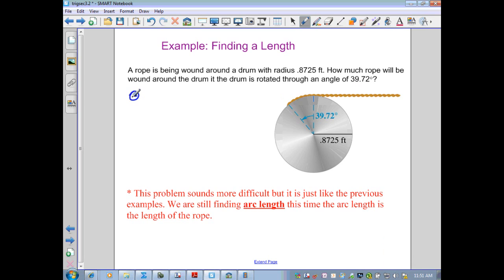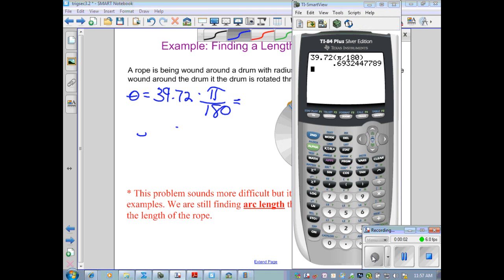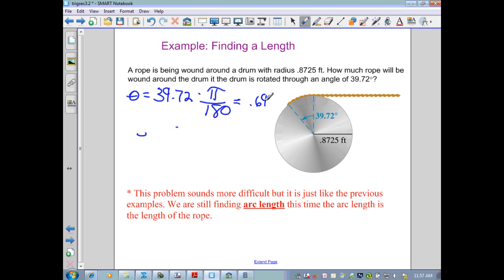Let's start by converting our given angle measure, which is 39.72 degrees, into radians. So theta is going to equal 39.72 times pi over 180. Now I substitute that expression into the calculator, and I get 0.693 radians.